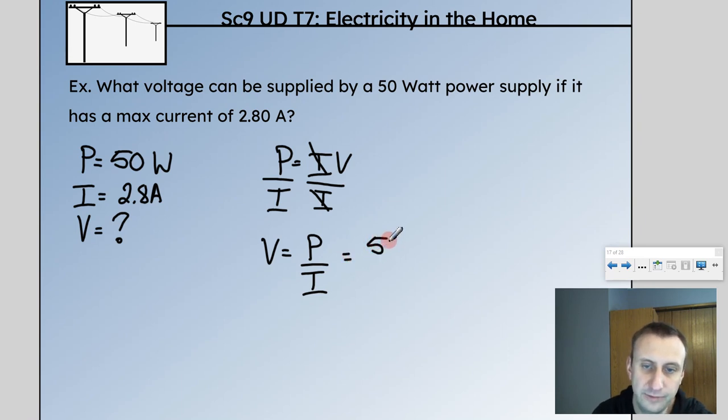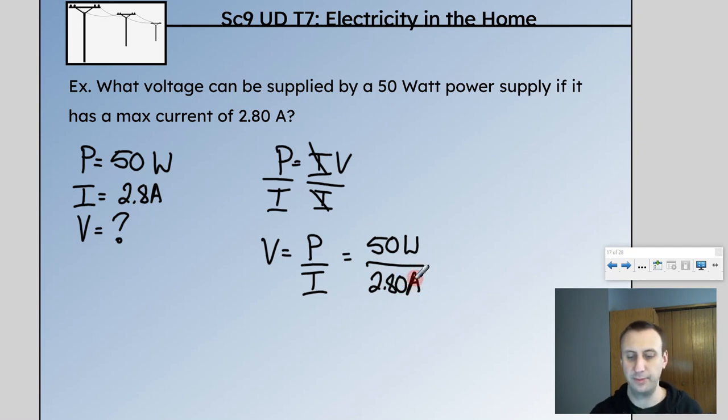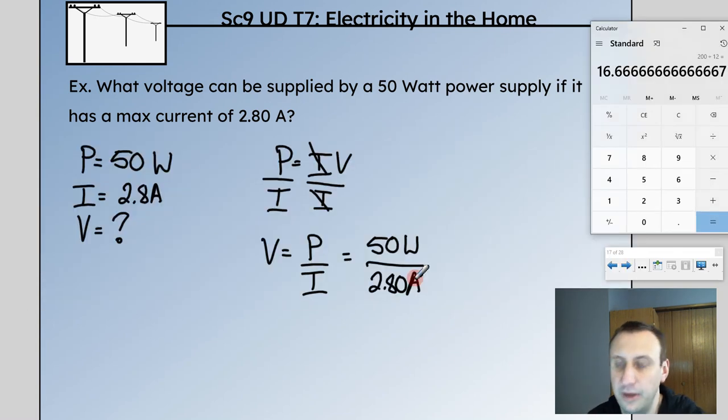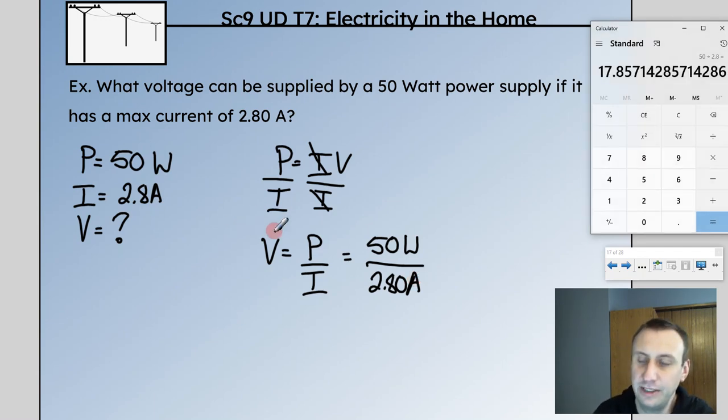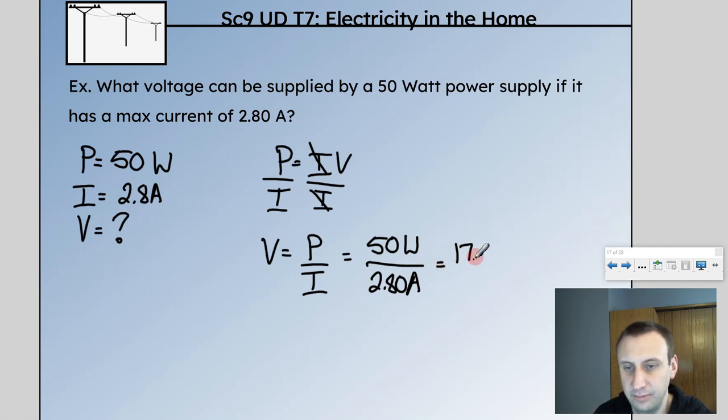So I have 50 watts divided by 2.80 amps. Let's now try the calculation out and see how that goes. So I have 50 divided by 2.80. And I get an answer of 17.9 volts.